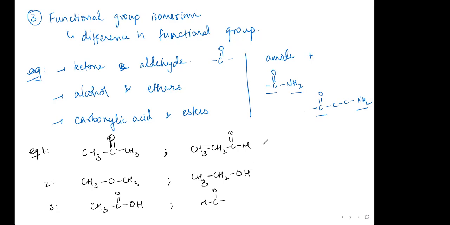So that's a completely different thing. But yeah, if the functional group itself is different, then it's functional isomerism. No, again, to figure out what isomerism is there, you need to look at the pair of compounds individually.